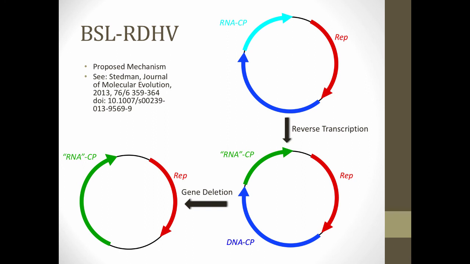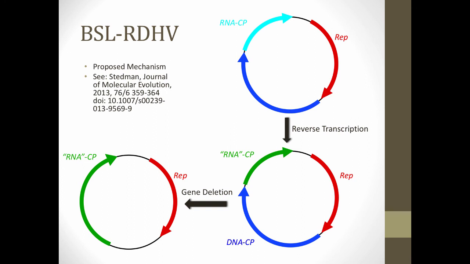So here's our BSL-RDHV genome. Here's our rep protein. Here's an initial single-stranded DNA-like capsid protein. And somehow we think that, and Dr. Nacho, who gave you another lecture, has other ideas maybe he'd explain to you or talk with you about, but somehow this single-stranded DNA virus likely obtained a single-stranded RNA capsid protein. Probably physical RNA was incorporated into this genome somehow.